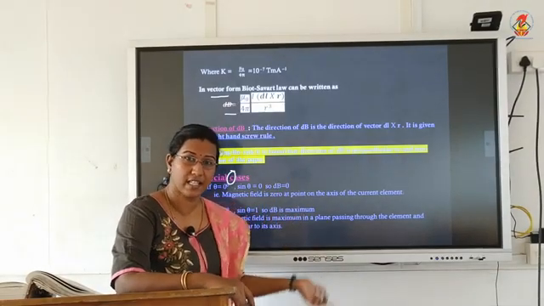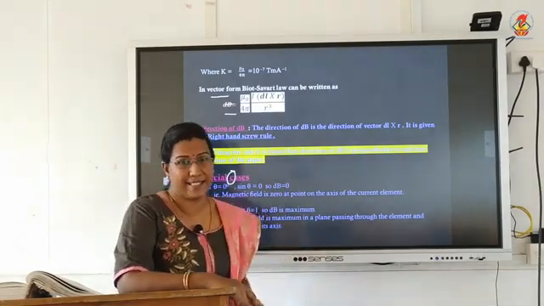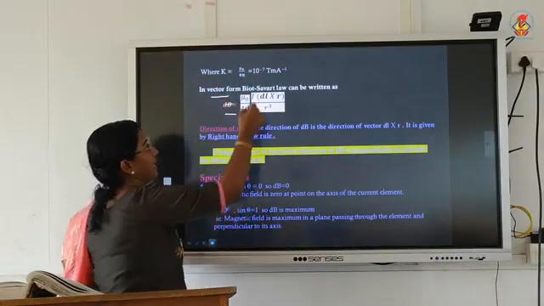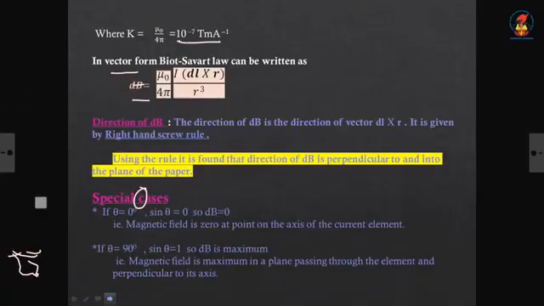Like permittivity in electrostatics, we have permeability in magnetism, and its value is 4 pi times 10 raised to minus 7 Tesla meter ampere raised to minus 1. Now we introduce the constant into the equation, and we get dB equal to mu 0 by 4 pi I dl sine theta by r square, or in vector form.